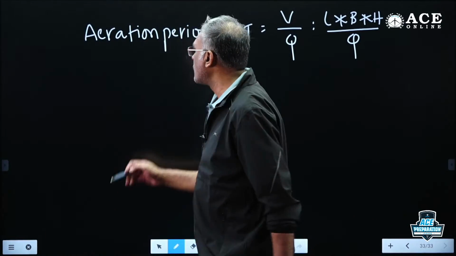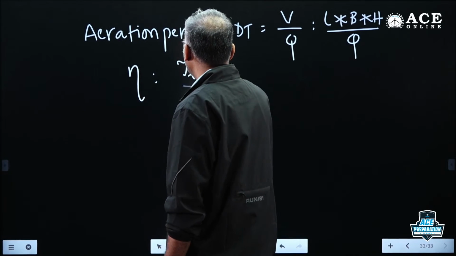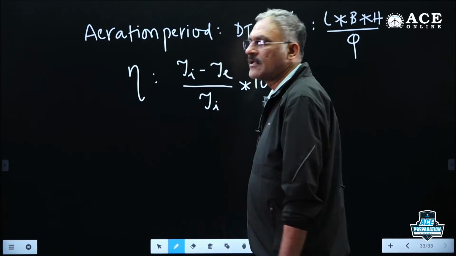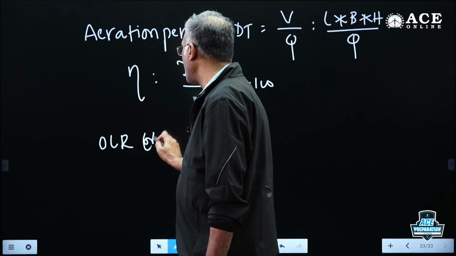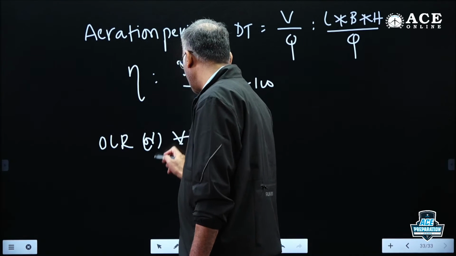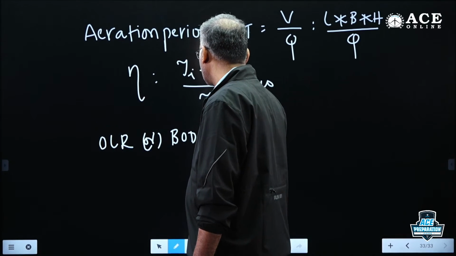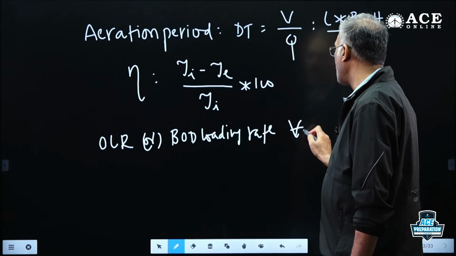In addition to that, sometimes BOD removal efficiency of the process is equal to influent BOD minus effluent BOD, into 100 by influent BOD. Sometimes you are expected to find out organic loading rate or volumetric loading rate, also called BOD loading rate.